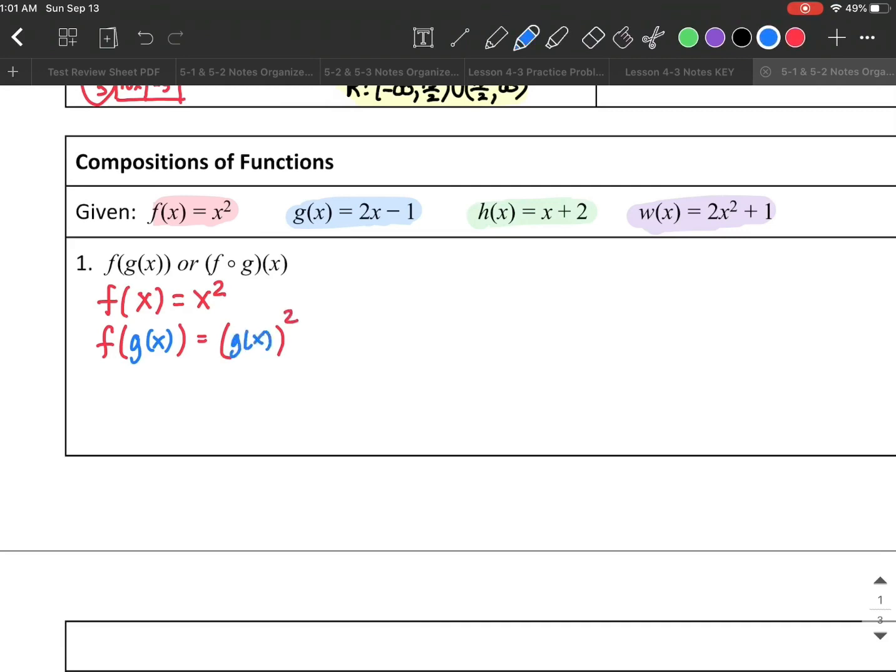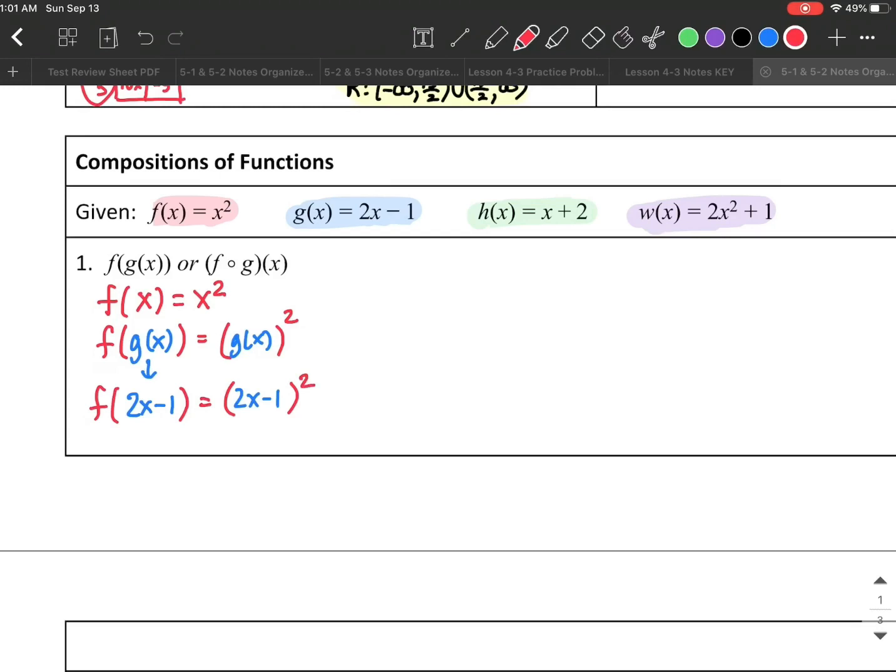And I know g of x is 2x minus 1. That's the expression. So instead of writing g of x, I'm going to be plugging in 2x minus 1 into f of x. Everywhere I see an x, I'm plugging in 2x minus 1. So I'm actually taking 2x minus 1 and raising it to the second power.